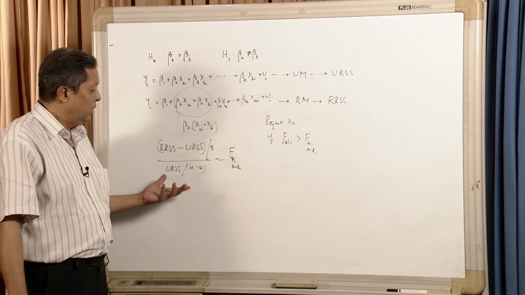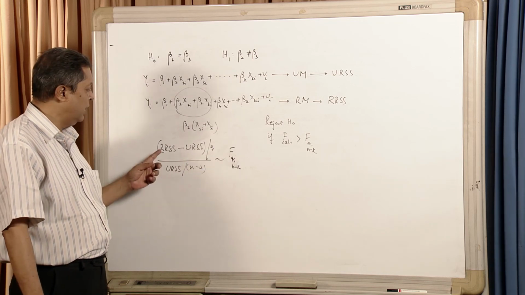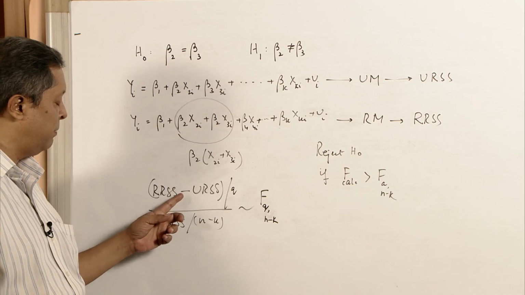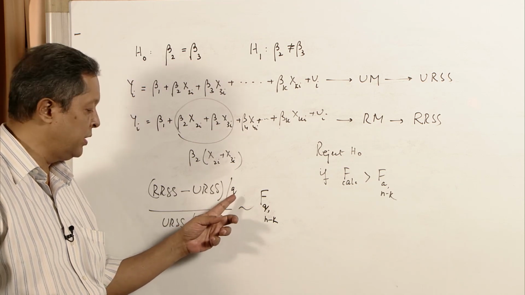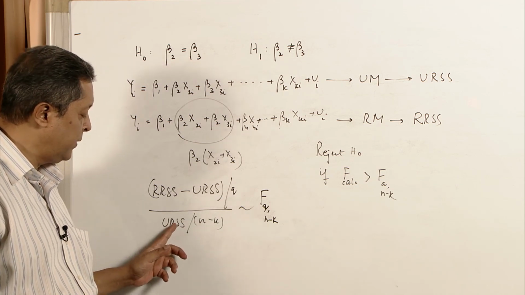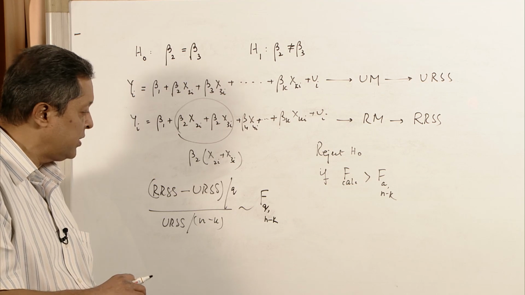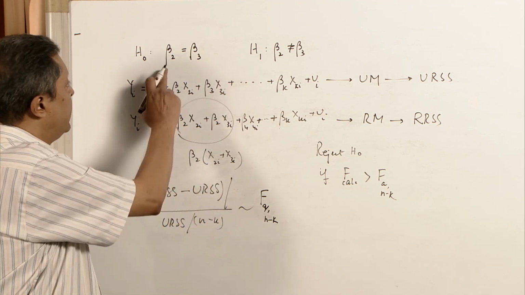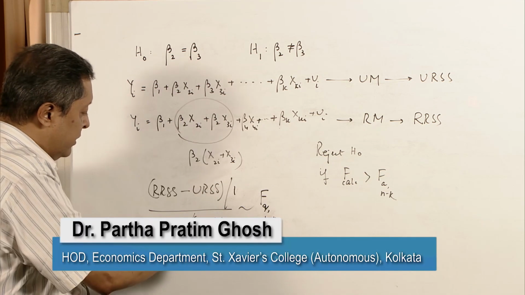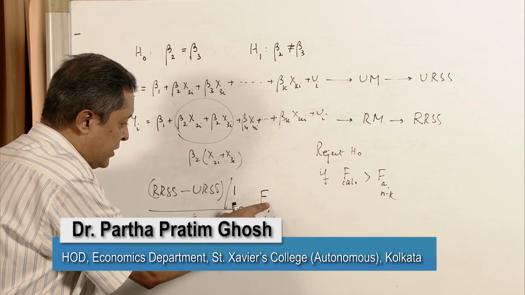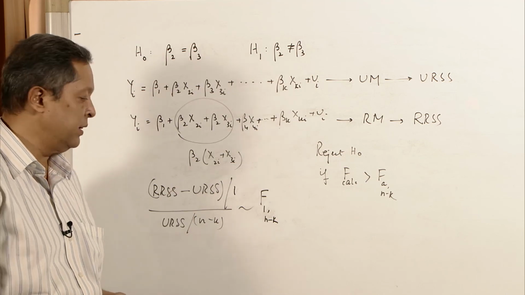For example, if there are q restrictions, then the test statistic becomes restricted residual sum of squares minus unrestricted residual sum of squares divided by the number of restrictions q, all upon the unrestricted residual sum of squares divided by n minus k. Obviously, in the example that we have given just now, we have one restriction, beta 2 equal to beta 3. So, this q is replaced by 1 and this remains n minus k, and this is now F with 1 and n minus k degrees of freedom.